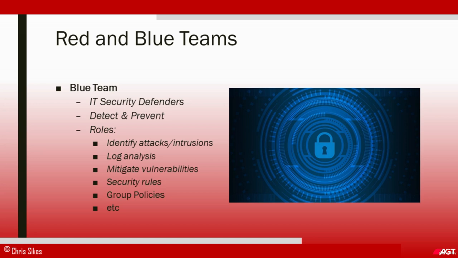Also, they may review system logs on hosts and network logs like PCAP with Wireshark. They may cover identifying and mitigating any found vulnerabilities, reviewing or implementing security rules and policies, and more. They are basically known as network defenders, watching the network and systems for anything unusual.